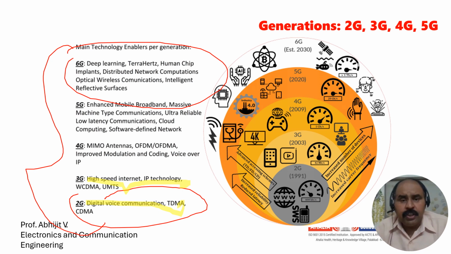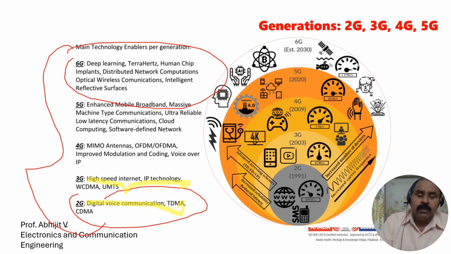Another important change that happened during 3G was the development of 3GPP, Third Generation Partnership Project, which was primarily designed to develop standards of communication worldwide. So the change from 2G to 3G has become from voice to data.